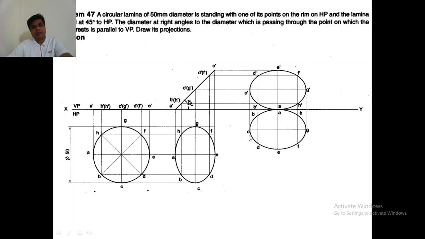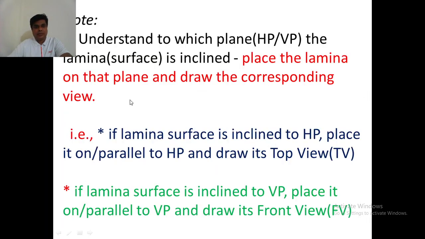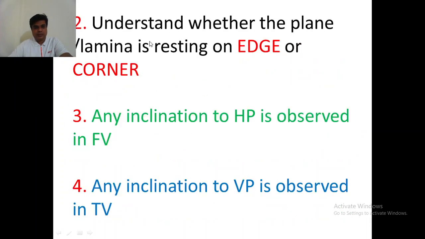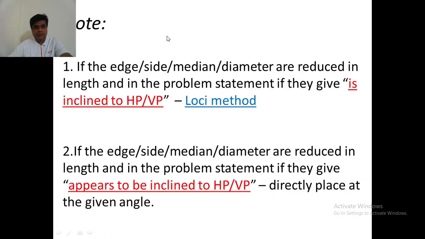Right, so we'll try to solve this problem and understand how to draw the circle in the different positions, and how to draw the front view and top view. Imagine a circular plane; just go through this problem and we'll start drawing it. Before that, as usual, keep all these points in mind and follow them accordingly.